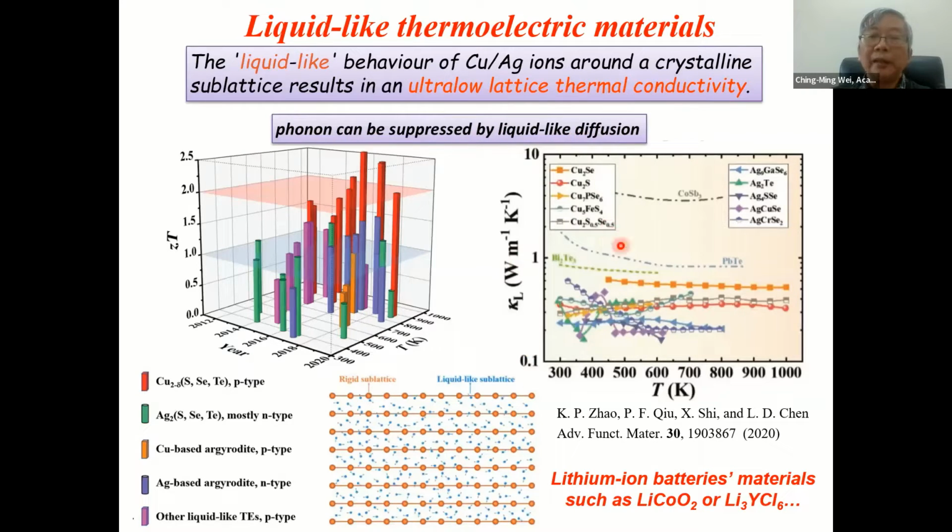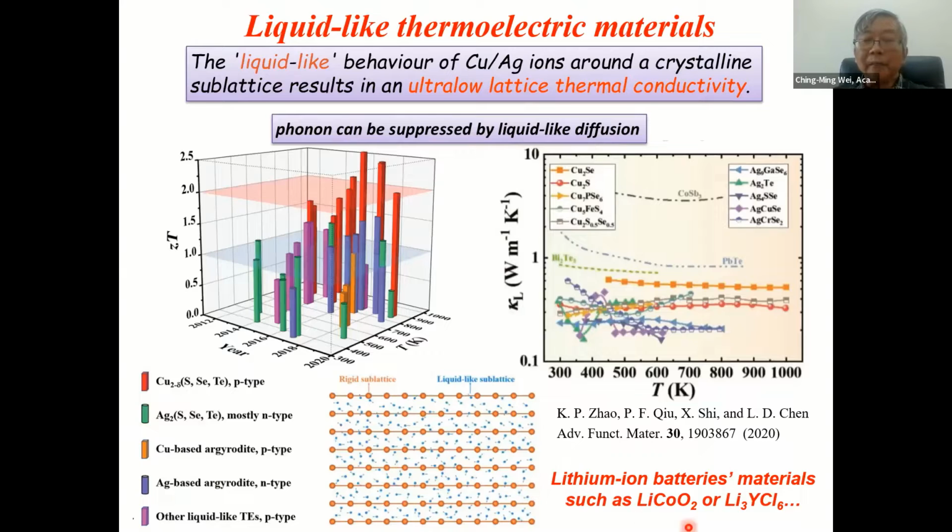Here I show the lattice thermal conductivity of some different materials. They are pretty low, which is very good for application in thermoelectric materials, and will give a high figure of merit. Here are the types: copper sulfur, silver sulfur, or copper and silver based iodide materials. It's an A16 material.